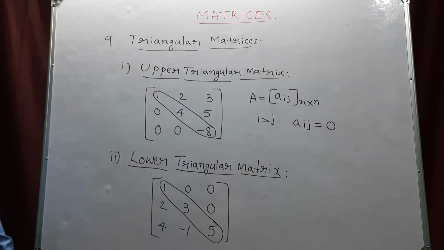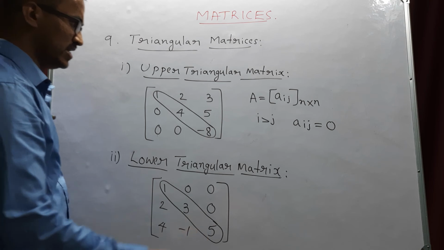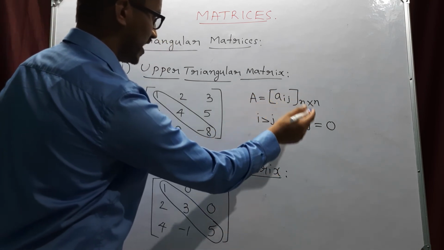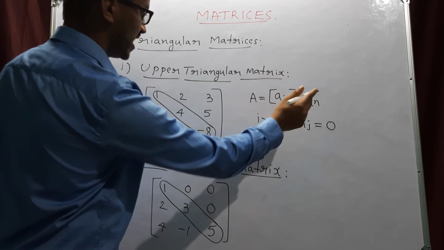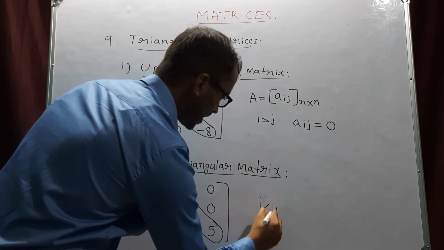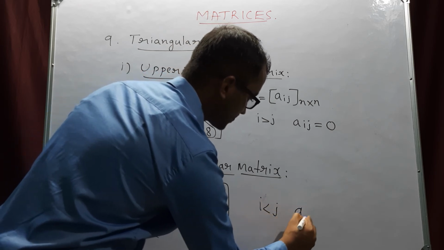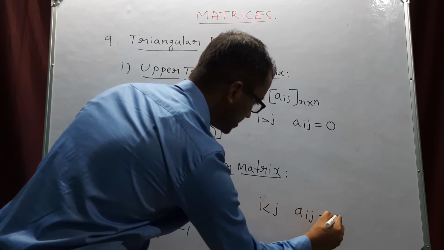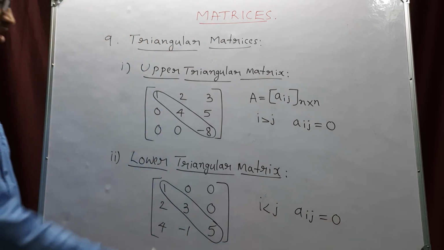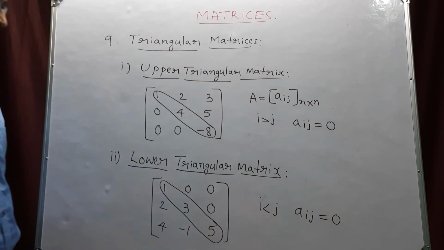Similarly, if A equals Aij of order n and Aij equals 0 for i less than j, we call it a lower triangular matrix.